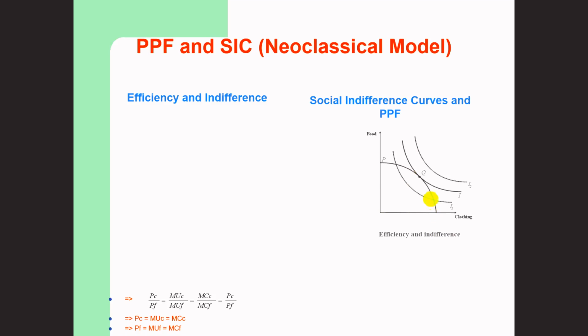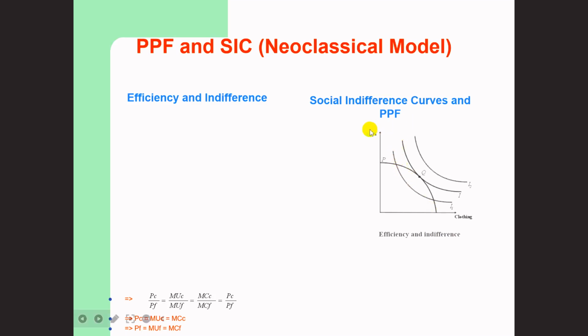Or the society can produce any combination of clothing and food along this line, and if the production takes place on any point on the production possibility frontier, then there will be technical efficiency or productive efficiency.